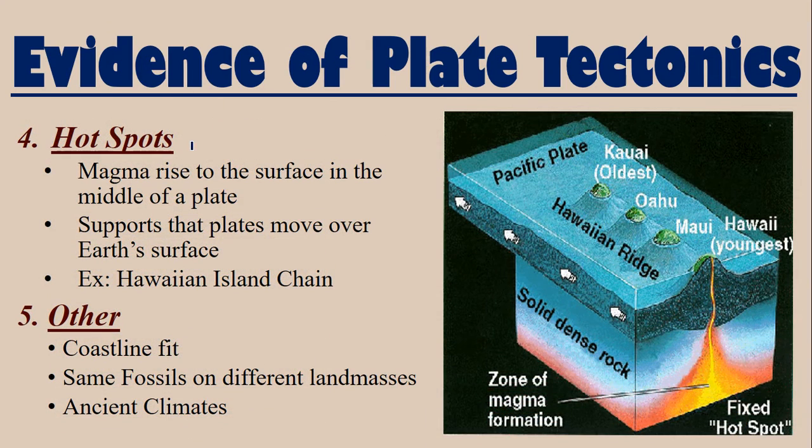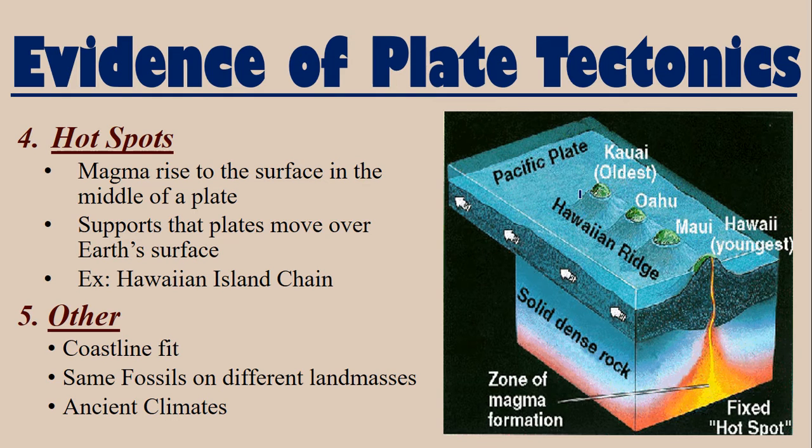The next one is hot spots. Hot spots happen in the middle of a plate, where magma rises to the surface. It supports that the plates are moving, because you can look at Hawaii. Kauai, the oldest volcano, which is not really active anymore, was once where the youngest island is.